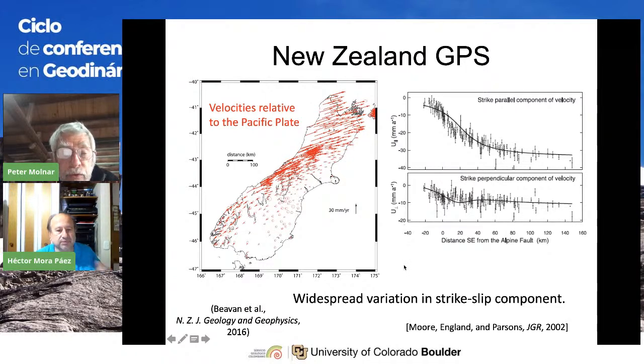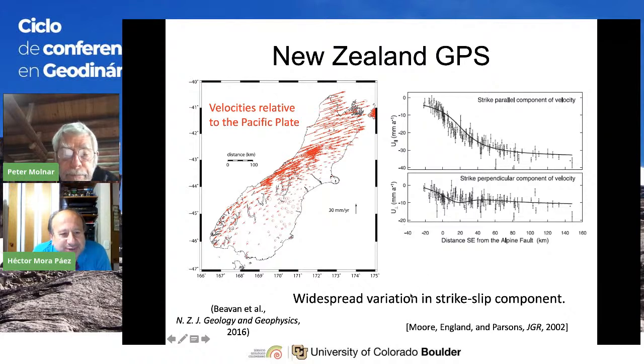And so as soon as you deal with strain, then the reference frame is not very important, because you can define the strain field in all kinds of reference frames, but that strain field will be the same unless you're rotating in some strange way. So if you reduce it to strain, I don't think it matters whether you go into a hotspot reference frame or South America or Caribbean or even Nazca. The strain will not be very different. Okay, gotcha.